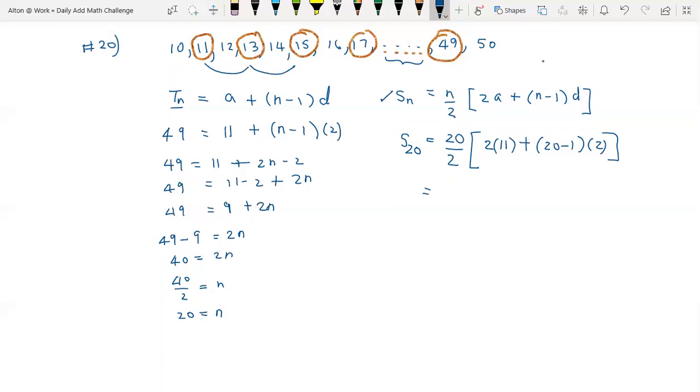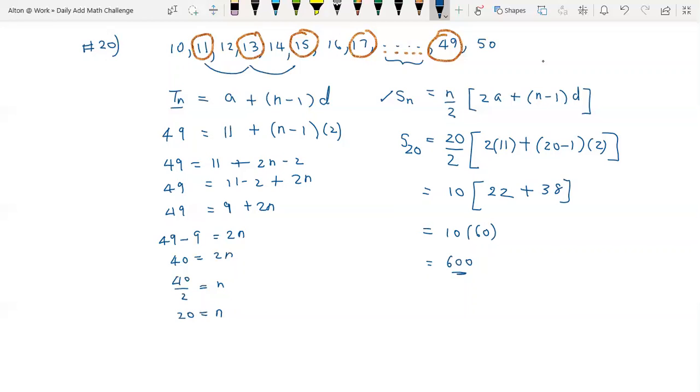So S20 will work out to be 10 multiplied by 22 plus, now this is 20 minus 1 is 19 by 2, 38. 38 and 22 is 60. 60 by 10 equals 600. So your answer should be 600.